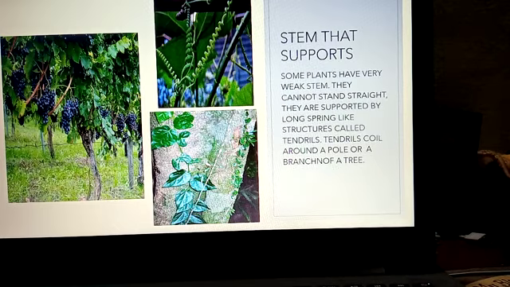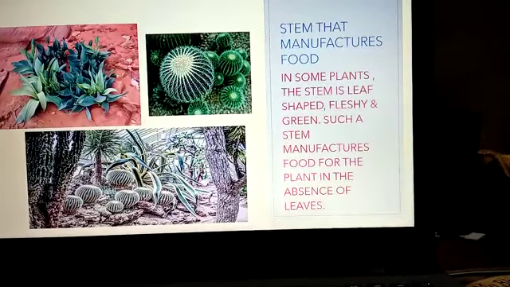Okay, children. Now coming to the third one, the stem that manufactures food. In some plants, the stem is leaf shaped, fleshy and green. They always look green in color. Such a stem manufactures food for the plant in the absence of leaves. Here they don't have leaves.